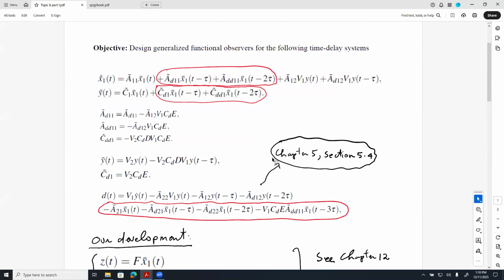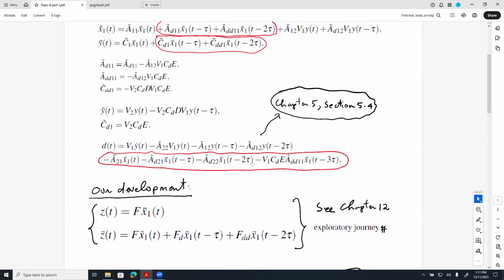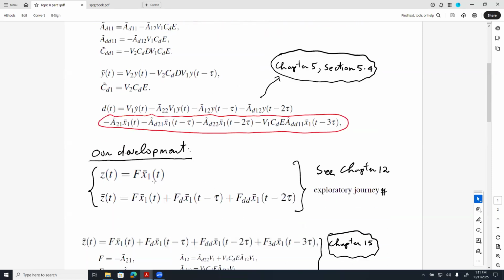That is the reason why we undertook our exploratory journey to look at how we go about designing functional observers, generalized functional observers, and so on. That is what we did in chapter 12, sorry. We started with chapter 12, where we investigated functional observers and then looked at a bit more delay terms in there.